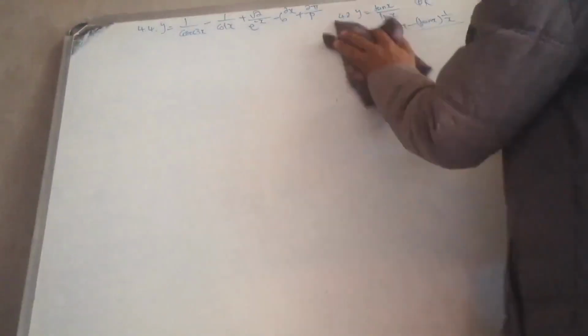Now, let me just also erase this so that our attention may be on that one. We want to differentiate this. And the question is, how do we differentiate this? Just by looking at the first one, I know that cosec is 1 over sine.